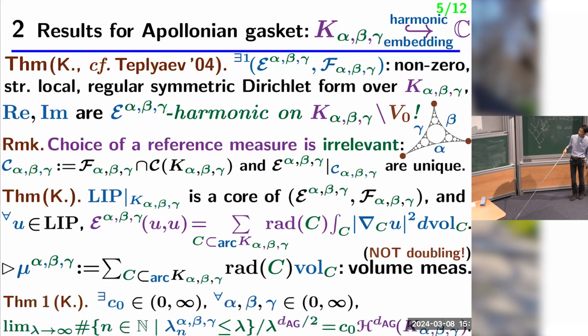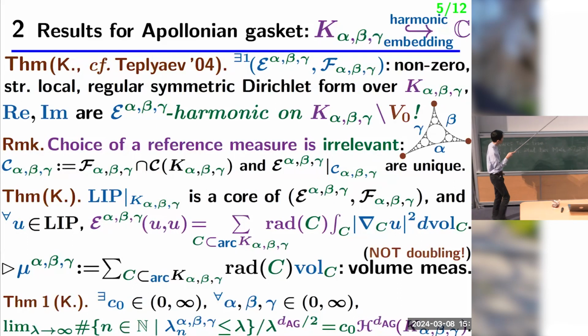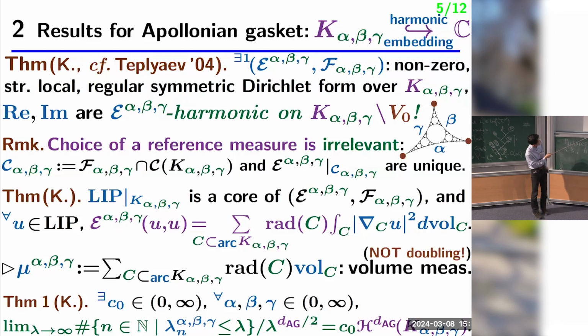For the Laplace operator defined in this way, I have managed to prove this result. For each alpha, beta, gamma, you have a Laplace operator, and it's easy to see that it has compact resolvent, or discrete spectrum. So we can consider the increasing sequence of its eigenvalues. Let's consider the so-called eigenvalue counting function, which is the number of eigenvalues less than or equal to lambda.